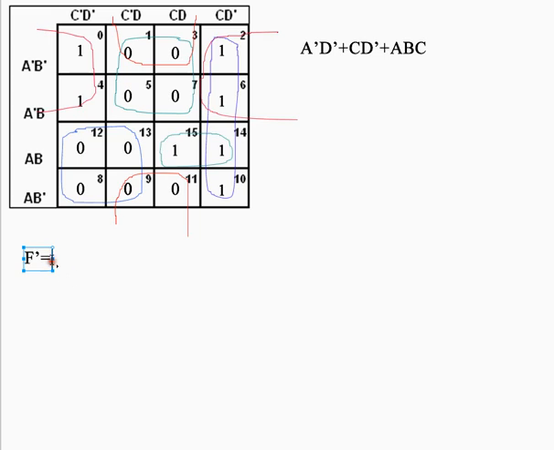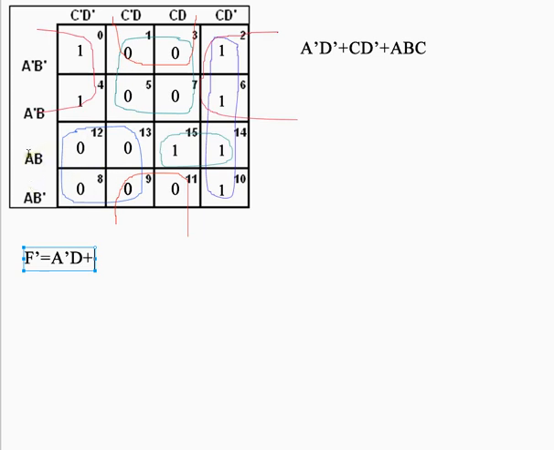So this one here would be A naught and D. That's the green term. And I need the blue term, which is the intersection of these two rows and these two vertical strips right here.